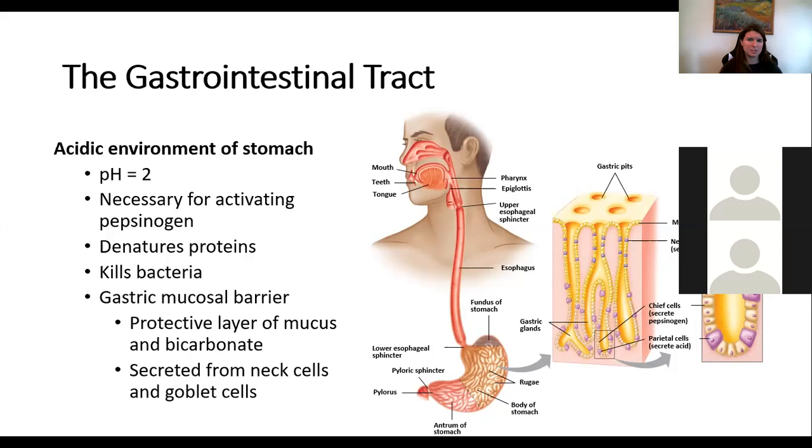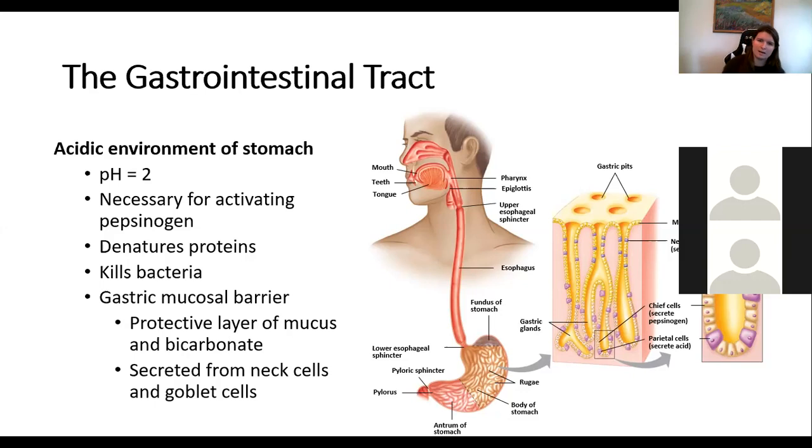And a pH that low makes it difficult for lots of things to survive. So that low pH starts to kill some bacteria. We have this mucosal barrier produced by those neck cells that we looked at. So these neck cells here at the top of our gastric pit create a protective layer made of mucus, and the mucus also contains bicarbonate.